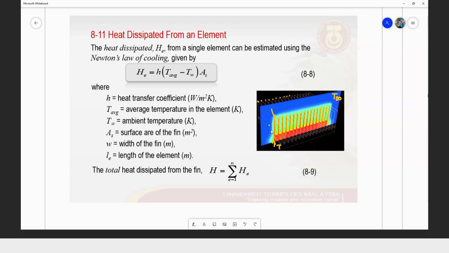Then we need to multiply it by the surface area of the fins.